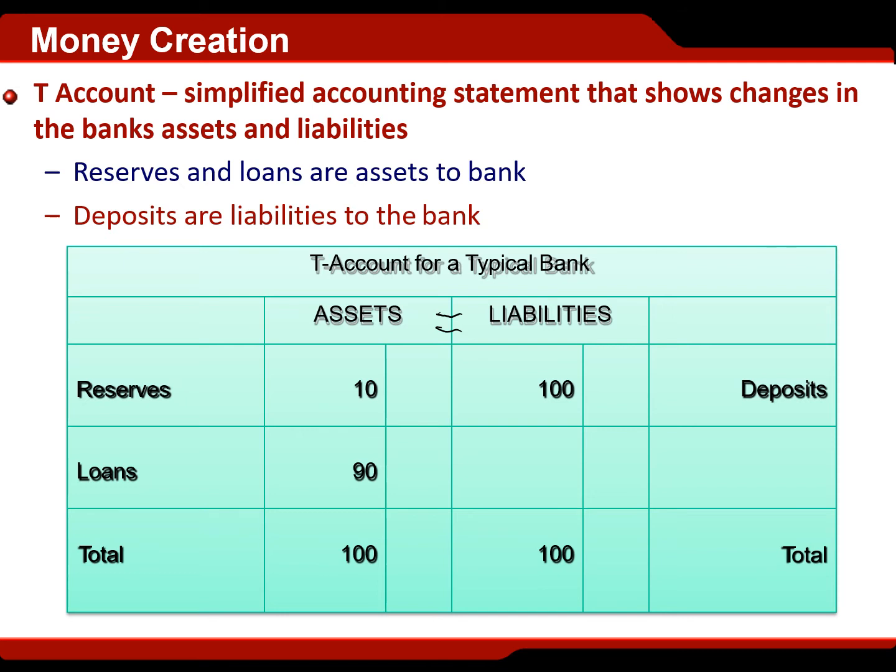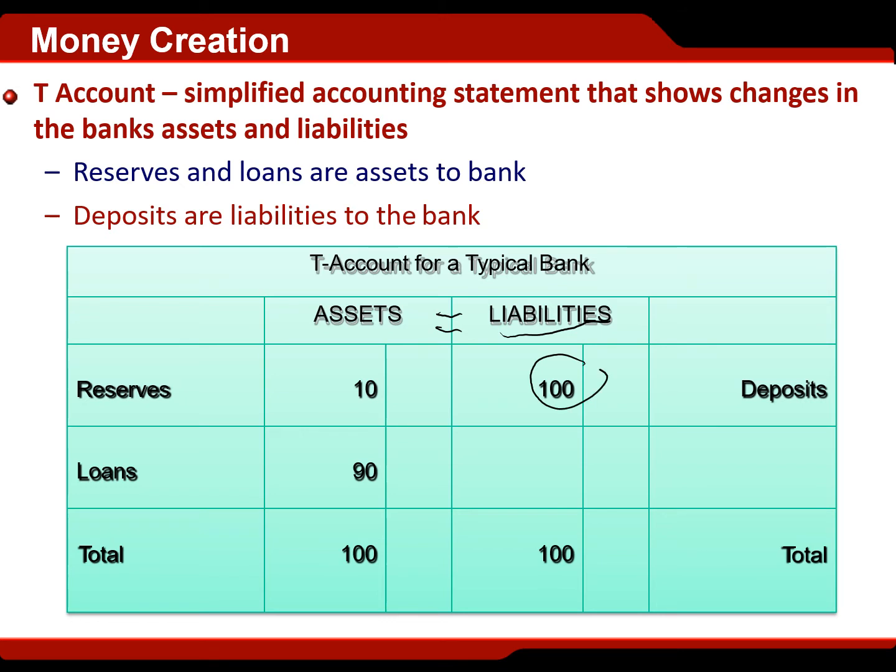And so when we do accounting, that's why we have to have assets equal liabilities, because the bank gets its money from its depositors, but it uses those deposits as assets. And so basically, whatever we have on one side of our table, like whatever we have on the left-hand column, has to add up exactly to whatever we have in the right-hand column. So what we always do is we start over here with liabilities, okay?